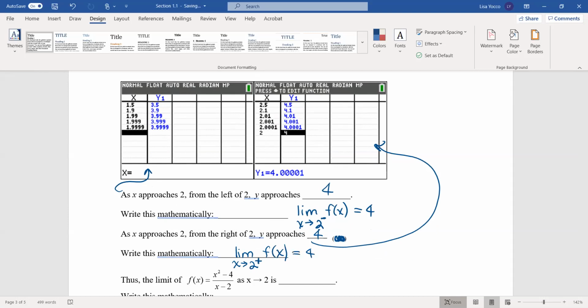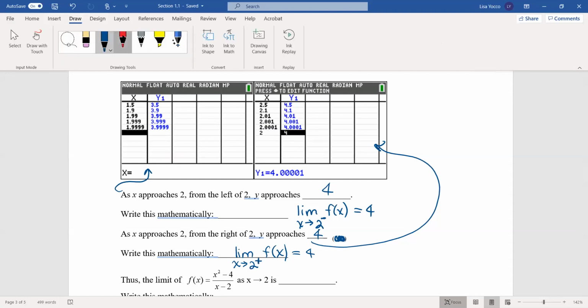All right. And so because the left-hand limit is 4 and the right-hand limit is 4, so let me specify that. This is the left-hand limit, and this is the right-hand limit.